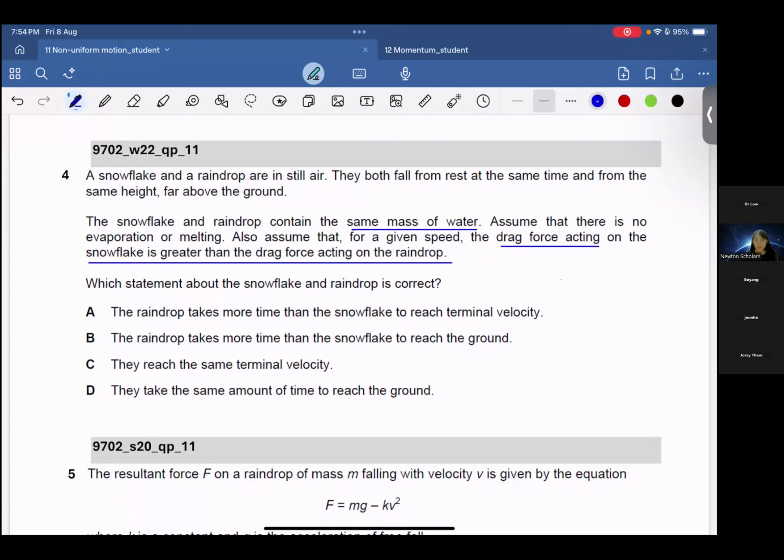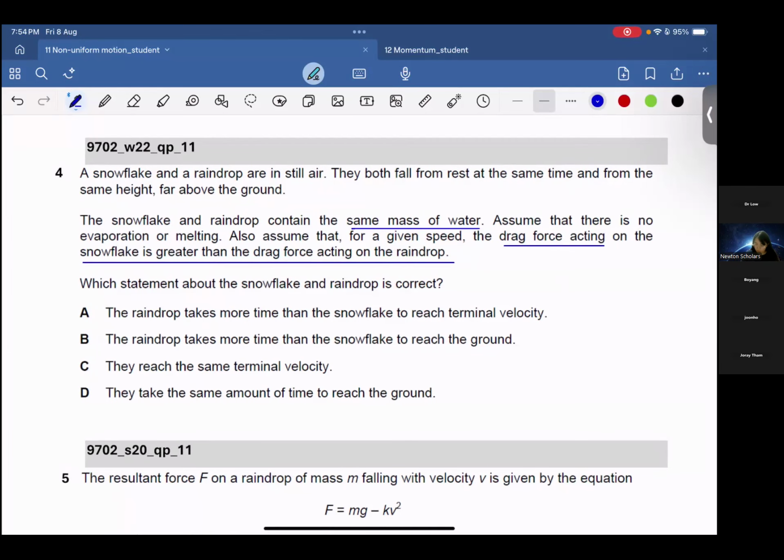The snowflake experiences a larger drag force. Meaning that it can achieve terminal velocity faster or slower? So you have to think. Washini, correct. If it experiences a greater drag force, that means the upward force is greater, so it will easily achieve terminal velocity.